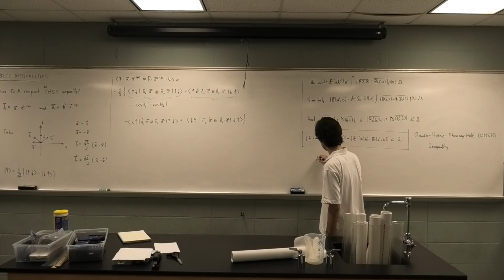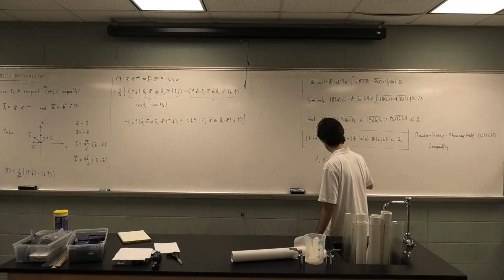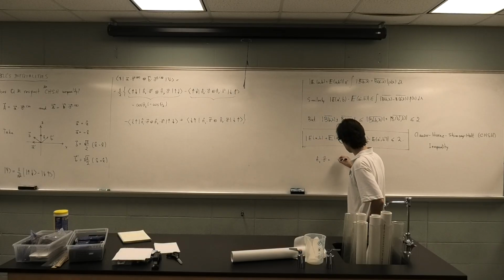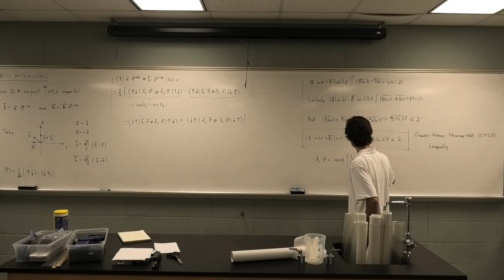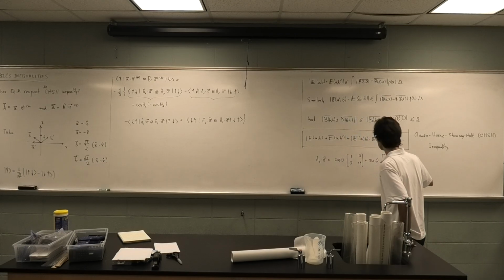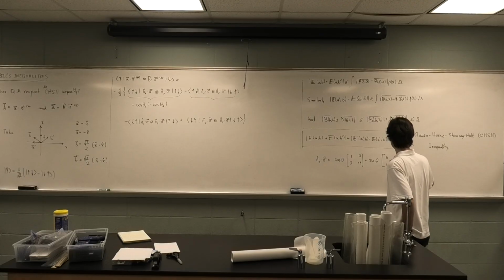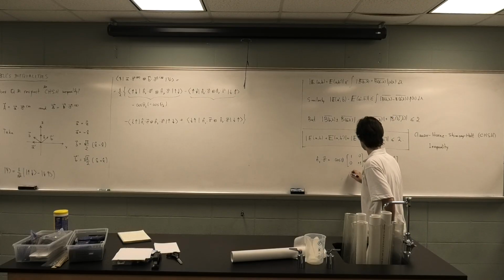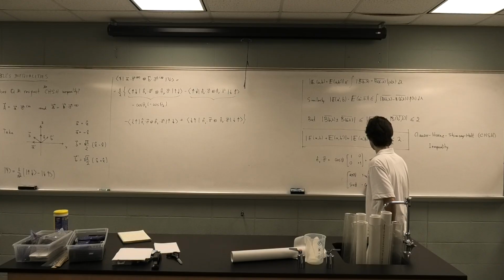What is n1 dotted with sigma? Well, that is just the same as cosine of theta times sigma z, which is 1, minus 1, plus sine theta sigma x, which is 0, 1, 1, 0. So this is just cosine theta, sine theta, sine theta, minus cosine theta.